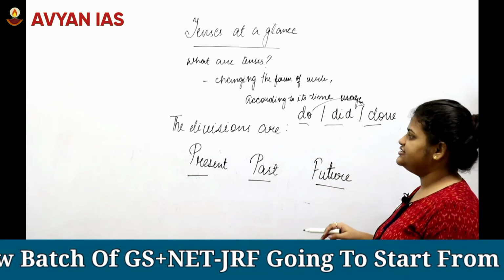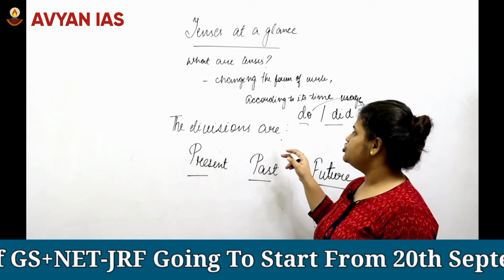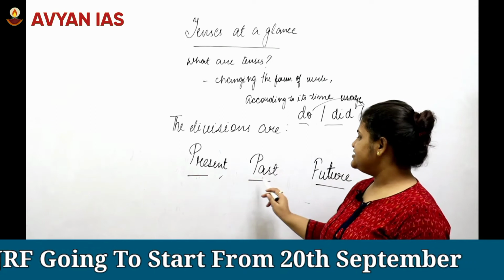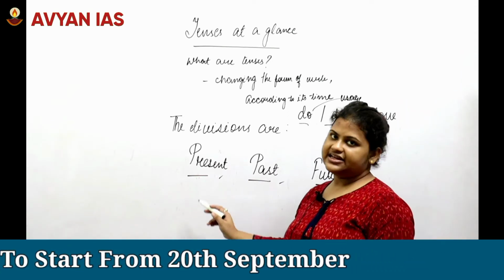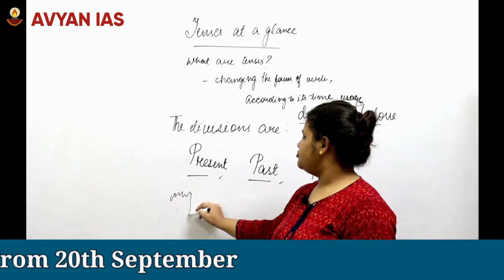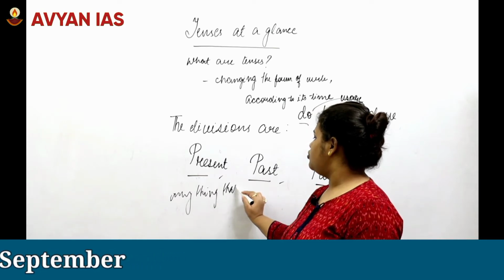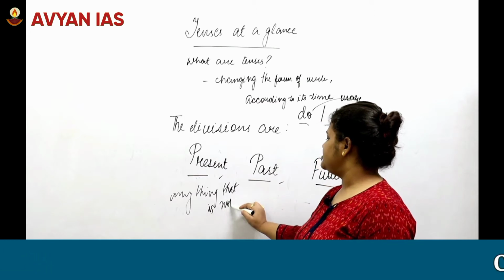The change that we are making from do to did to done is what we call the tenses, or the change in the tenses. So there are three divisions according to which our tenses would run. They are the present tense, the past tense, and the future tense. Present tense, as you know, is talking about anything that is in the present, anything that is now. That is your present tense.